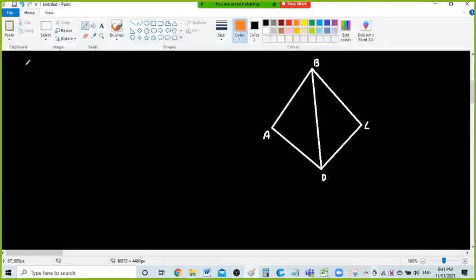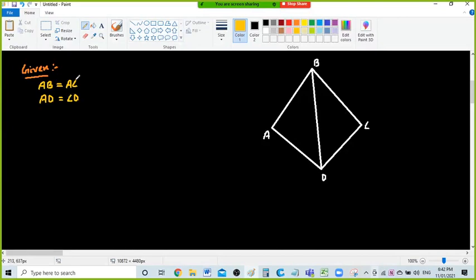The first point is to write the data whatever is given to you. According to the question, you have AB equals BC. This is the first point. Similarly, AD is given to you as equal to CD.